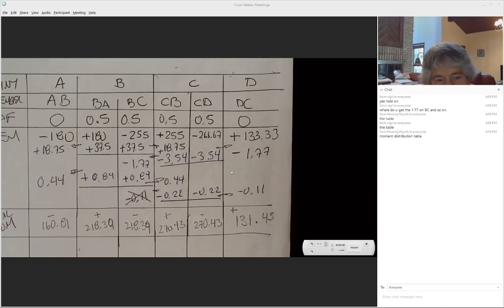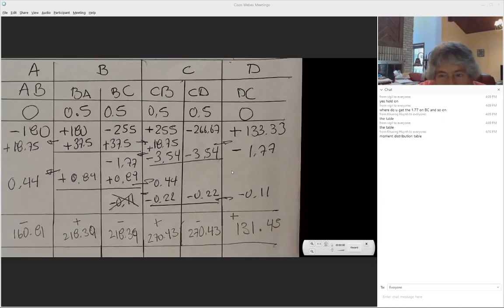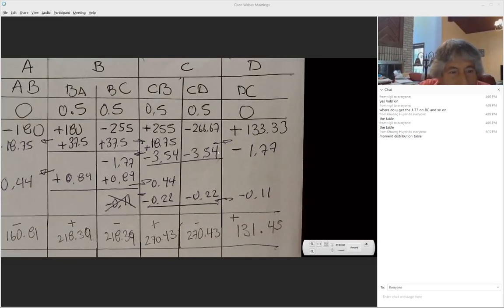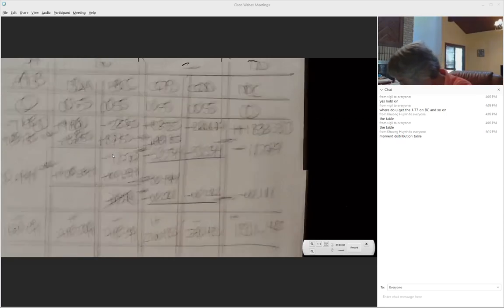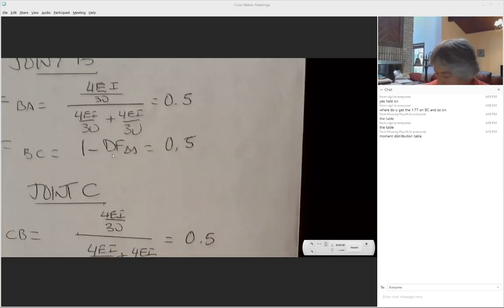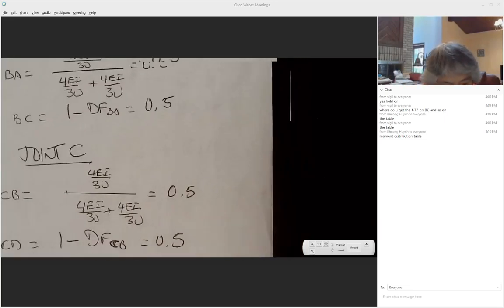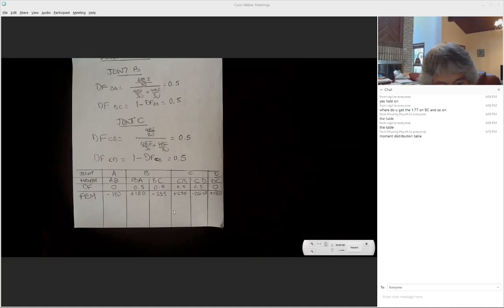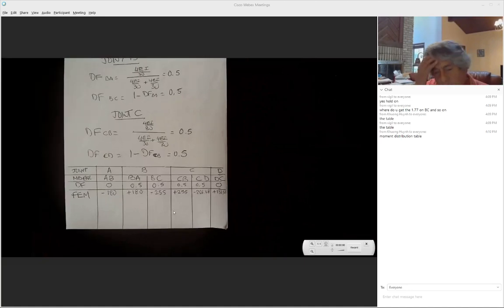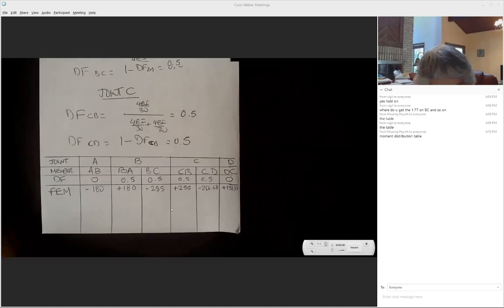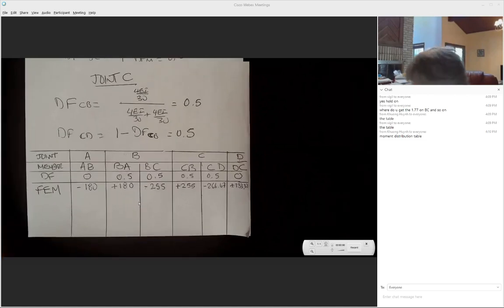Okay, look. When we started this problem yesterday, we balanced this joint first.